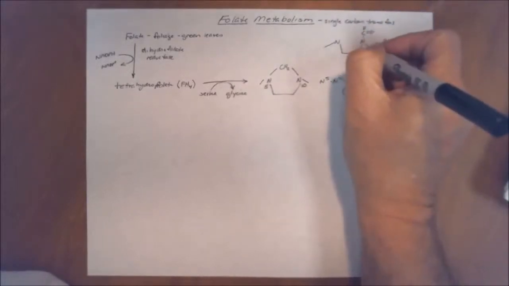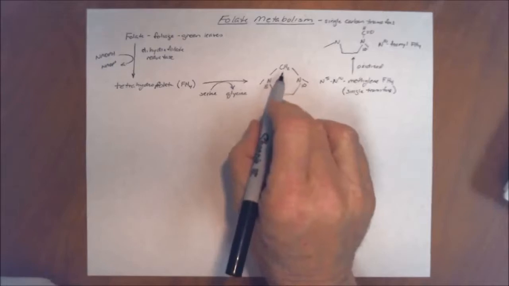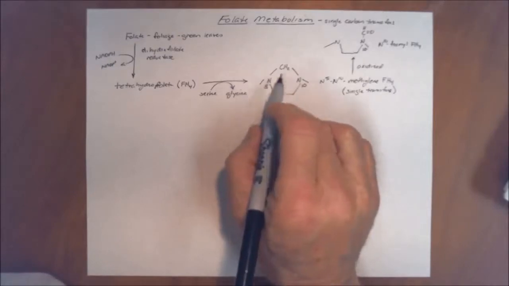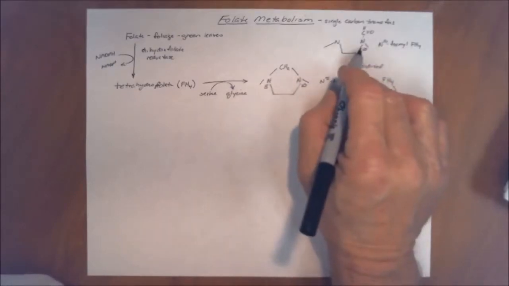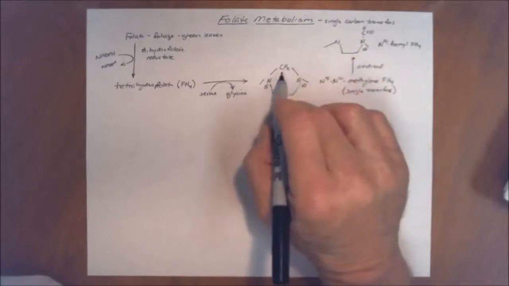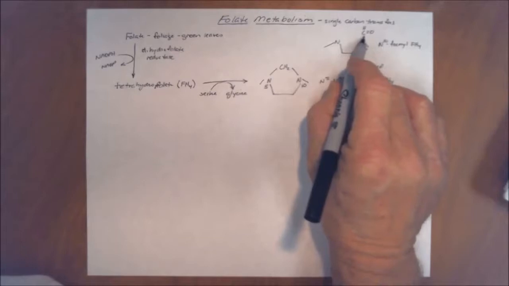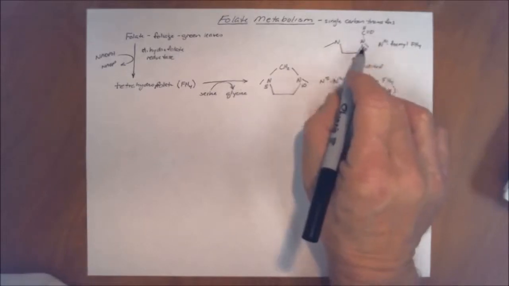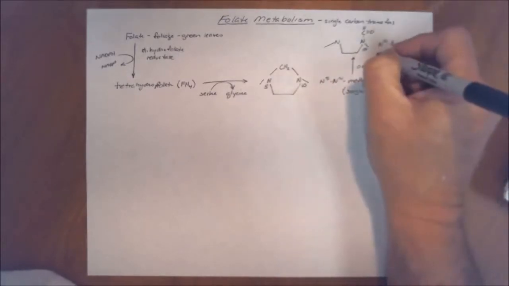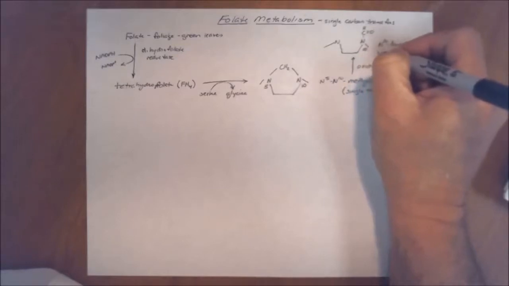Here we have broken the bond between the carbon and the number 5 nitrogen, retained the bond on number 10, and have oxidized the CH2 group into a formyl group with a carbonyl in it. This molecule can also perform single carbon transfers.